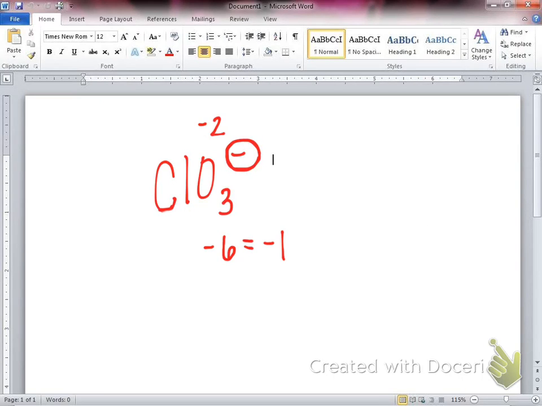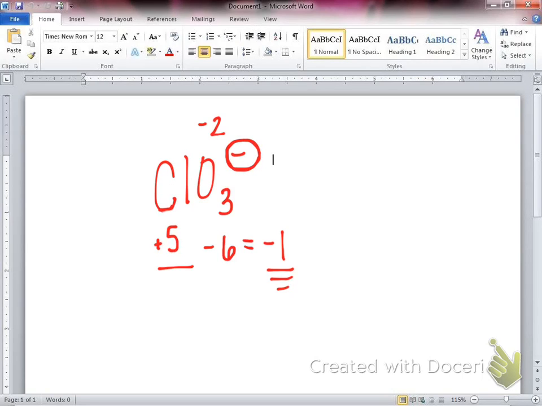Since our overall compound has a charge, we want our oxidation numbers to add up to that charge. Okay, which means what number needs to go here? A +5, because we want it to add up to -1, not 0.